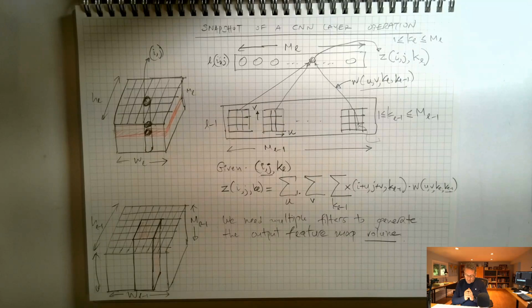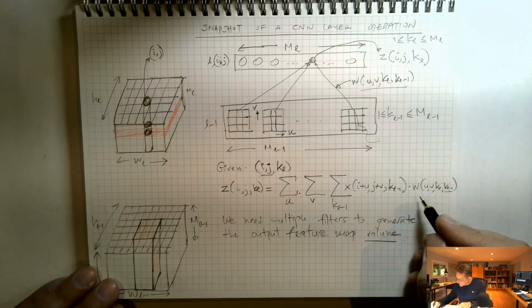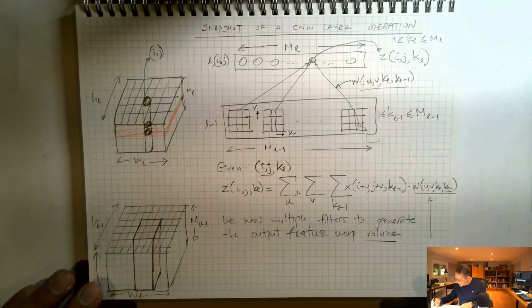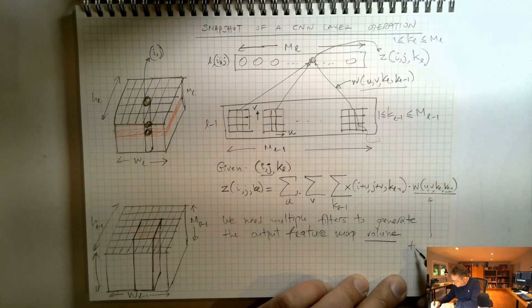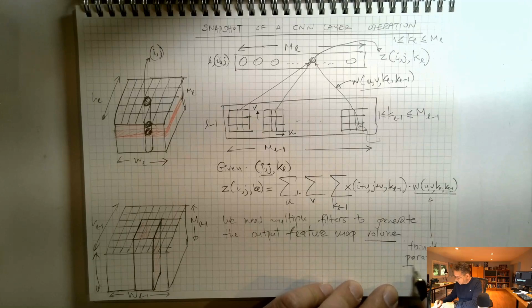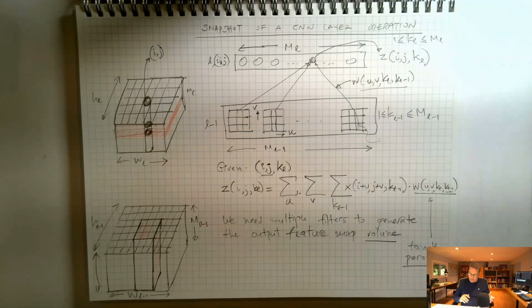And all of these parameters that we have used over here, the contents, if you like, of the filter, are the so-called trainable parameters.